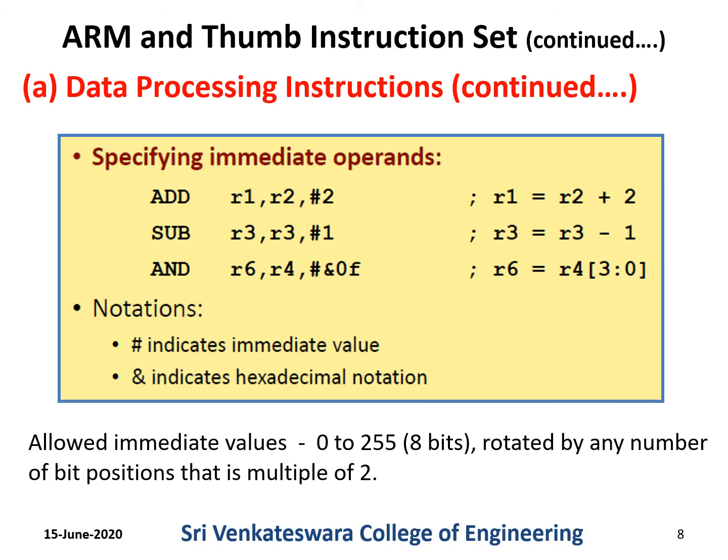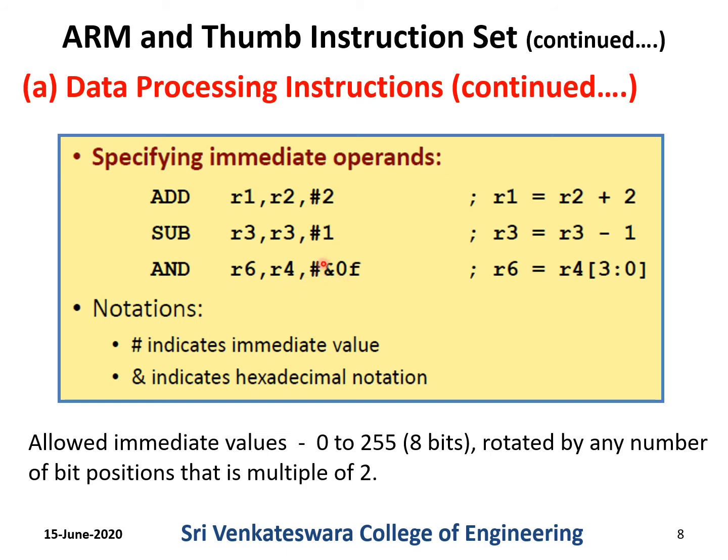Similarly, the next instruction, SUB, where note the register R3 is used both as source as well as destination. So 1 is subtracted from R3 and the result is stored in R3. The next one, AND R6, R4, #&0F.